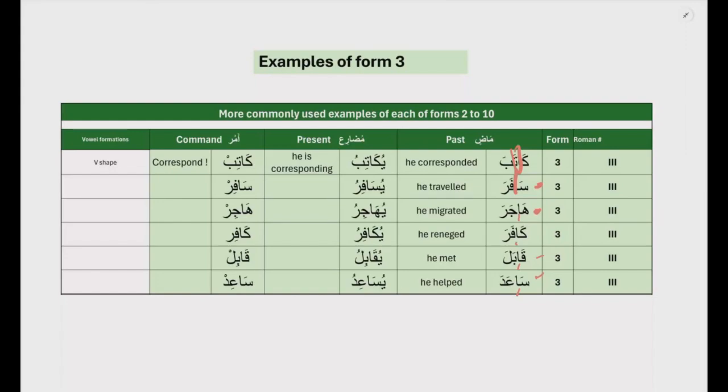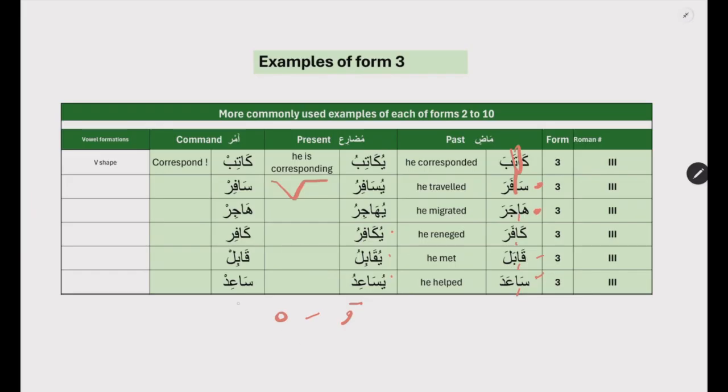Right, and the present tense is indicated there with that same falling in the V shape. It goes that way, and then down and up. And those vowel signs, can you see they are all the same in all of them? Present tense. If you change this last letter dhamma to a fatha, you get a subjunctive mode. If you change it to a sukun, you're getting a jussive mode.